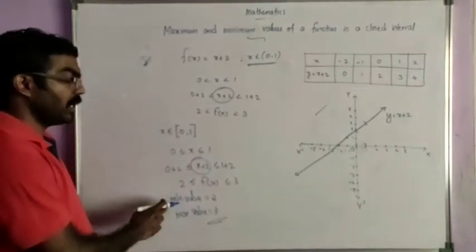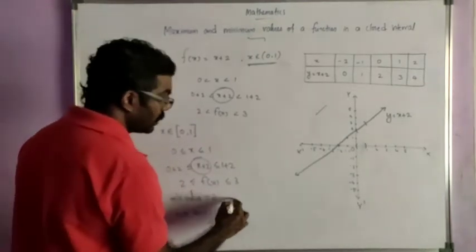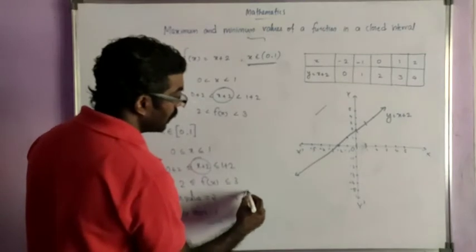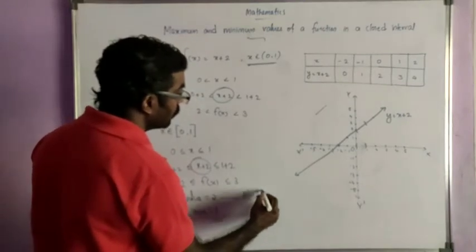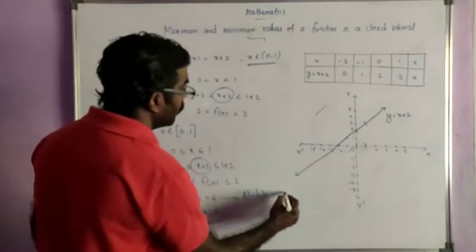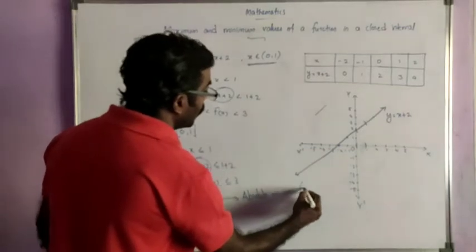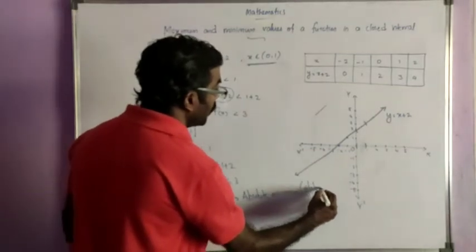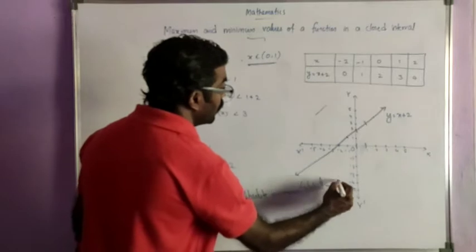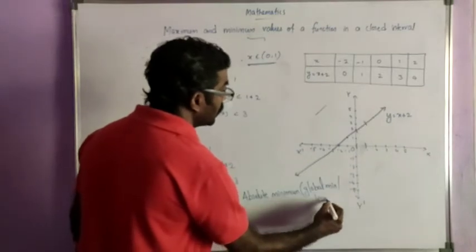Here the minimum value is 2 and this value is called the absolute minimum or the global minimum, or we can say the least value.